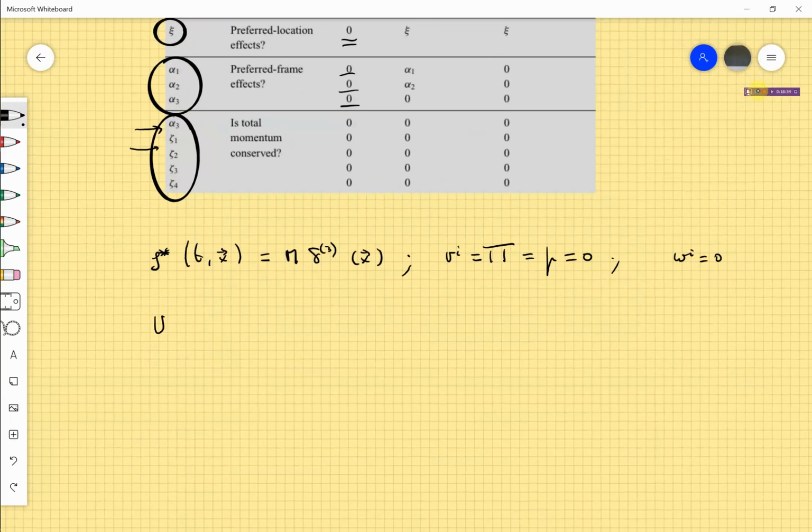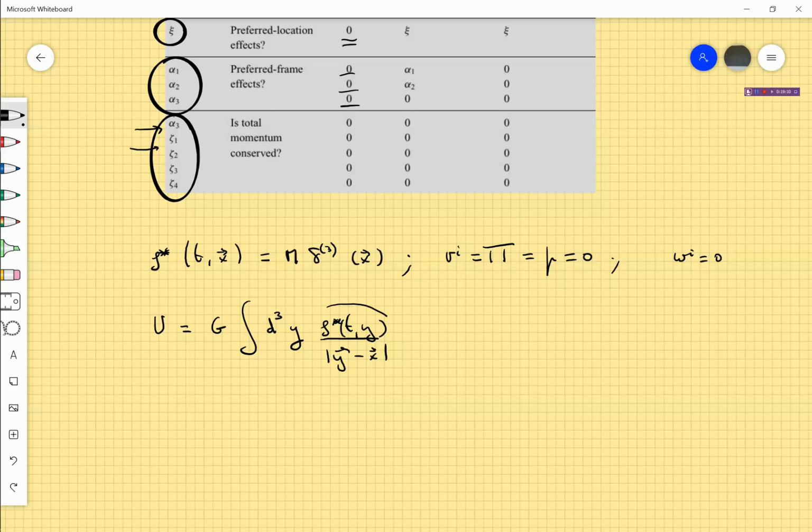So now you get that u is G times the integral over y of rho star(t, y) divided by |y minus x|, and because this is just m times a delta, you just get this evaluated at y equals 0, and this is just G times m over the norm of x.